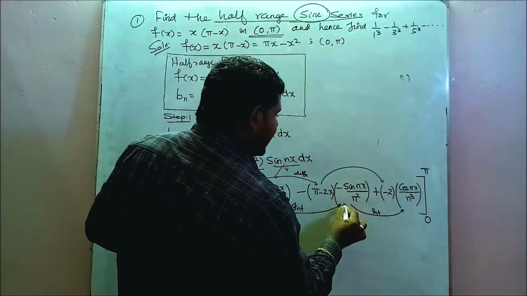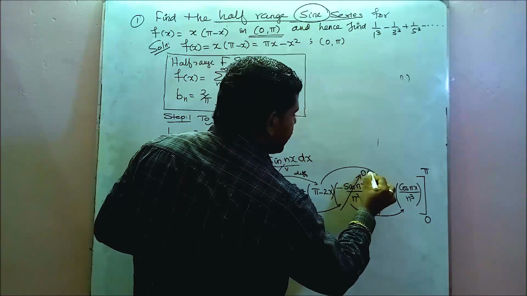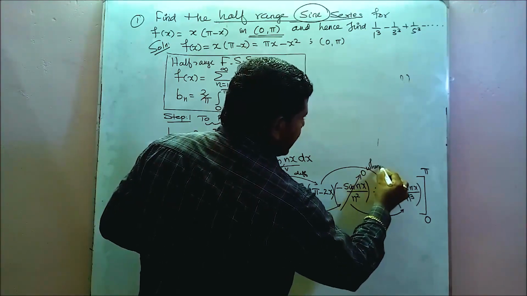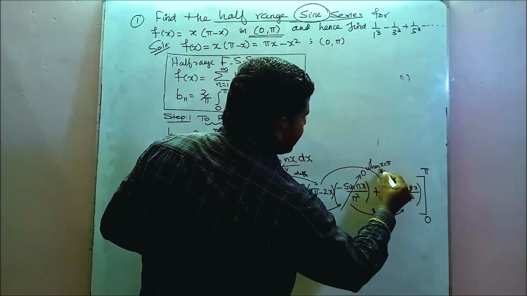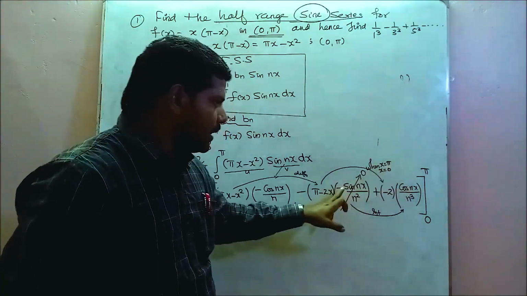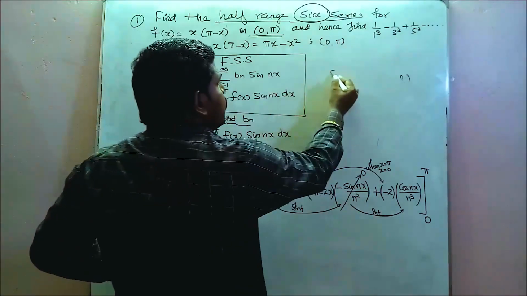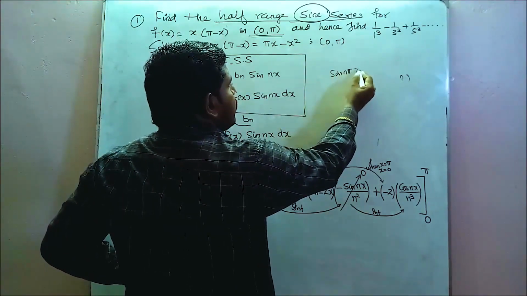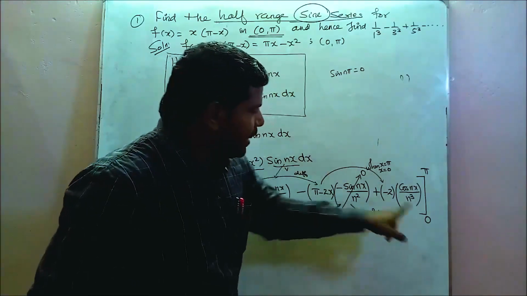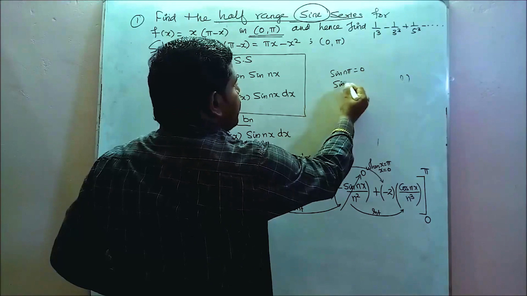So put an arrow here: put 0 when x is equal to pi and x is equal to 0. On applying the upper limit to x we get sin n pi. We already know sin n pi is equal to 0. Applying the lower limit gives sin 0, again 0. So sin 0 is equal to 0.